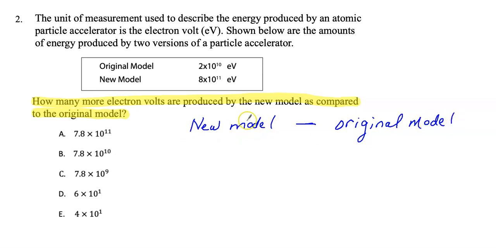So the new model has 8 times 10 to the 11th electron volts from right here. Minus the original model has 2 times 10 to the 10th electron volts.